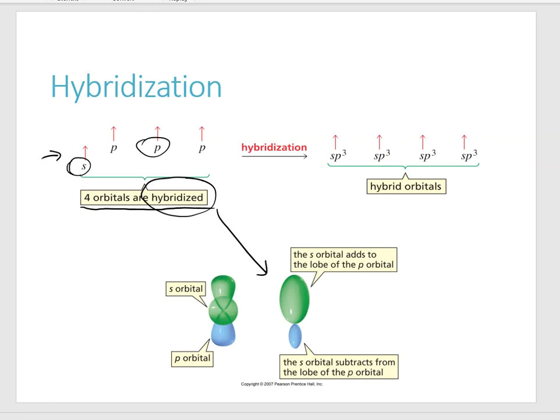So we'll rewrite that, and they rewrite it as sp3s for each one of them, because it is a mixture of the s and the p's that are present, and this is how carbon gets 4 bonds in total. So the depictions at the bottom show you that it does have an effect on the actual orbital shapes that these things begin to take on.